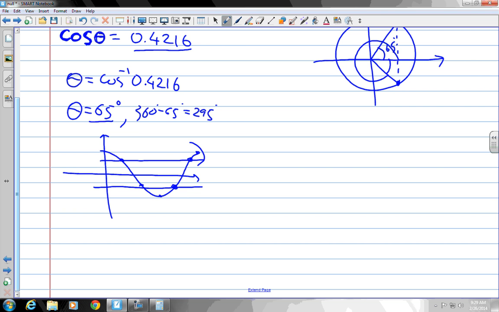So 1 is only reached once and negative 1 is only reached once. But everything else will be reached twice on just one period. Because if we change the period but keep the interval the same, maybe it's more. If this was 2 theta, then the function will do this thing twice. So you'll get 4 solutions. Okay? Does that make sense?